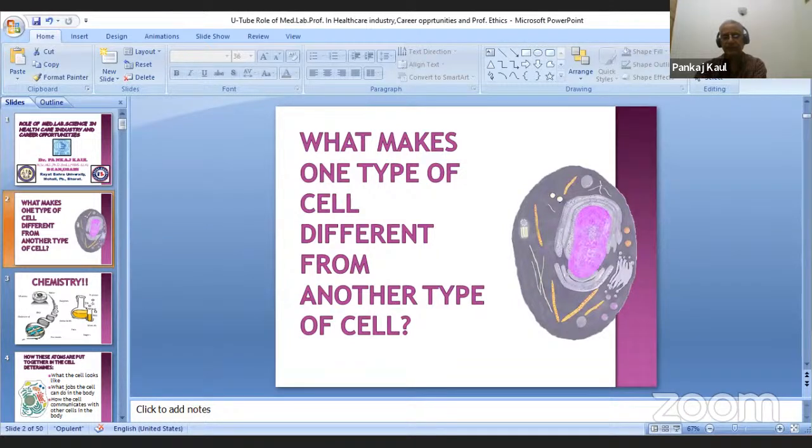Similarly, in the clinical laboratory, each section plays its own role in its own way. Like in the microbiology lab, we identify the organisms, we do biochemical testing, then we determine the antibiotic sensitivity, which ultimately helps the patient's treatment.